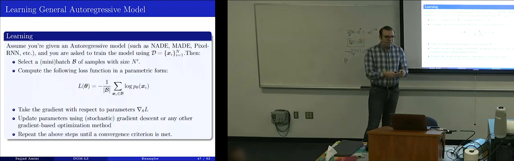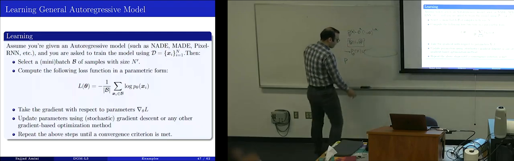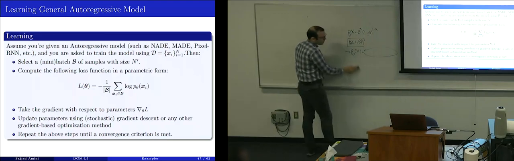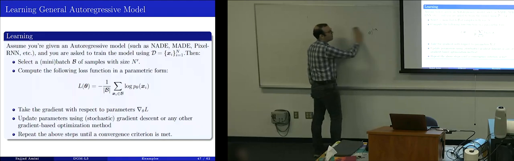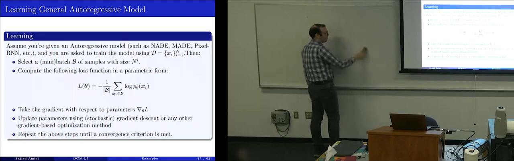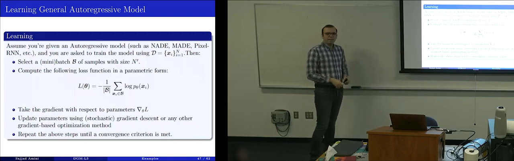So can you imagine now how you can train an autoregressive model easily? A best practice is to write, for example, a NADE model, a fully visible sigmoid belief network, by yourself without any of the libraries, and then try to optimize the parameters for that model.